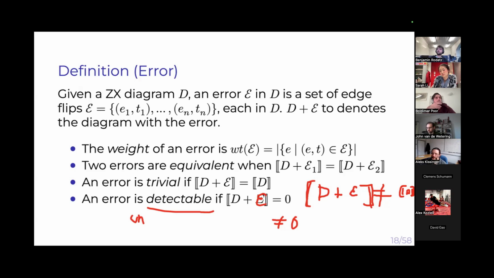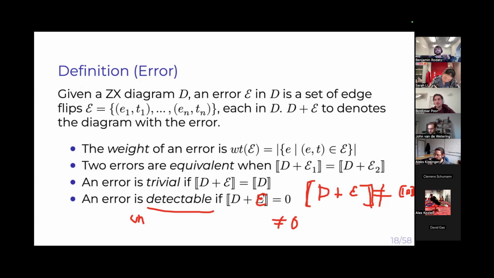Do you mind if I jump in here? Yeah. So the way I like to think about this is, when we think about detectable errors, we're thinking about detectable with certainty. This diagram represents doing some gates and some measurements where the measurement outcomes are always 0, and we think of 0 as the error-free outcome.